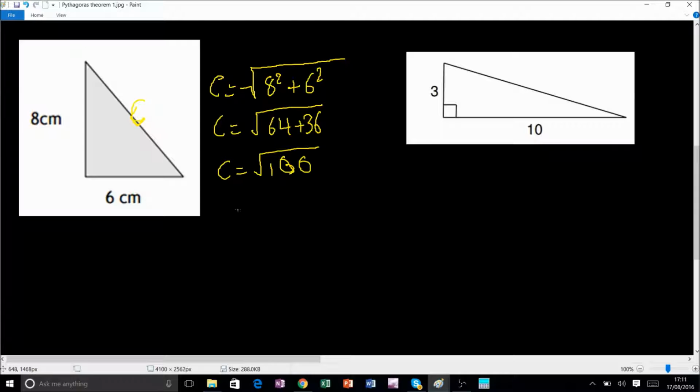The square root of 100 is 10. It actually has 2 values, plus and minus 10, but we're only going to look at the positive today anyway. So, 10. Let's go on to the next one.